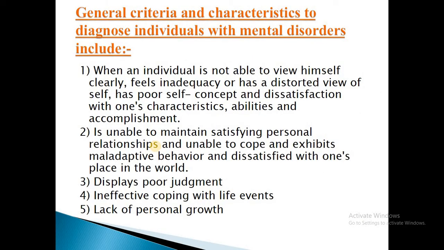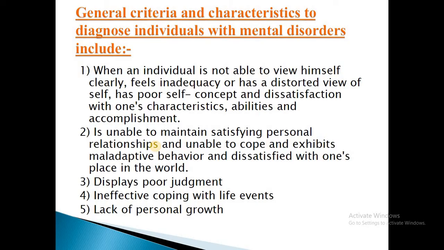What are the general criteria or characteristics to diagnose an individual with a mental disorder? Observe with me, not one of these criteria alone means mental illness. To diagnose mental illness, the disorder should contain more than one, or 3 or 4.